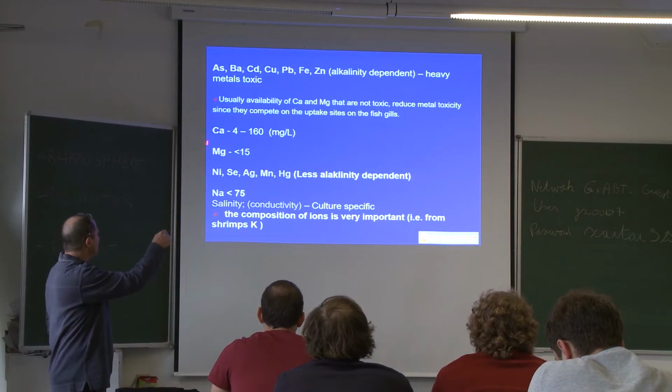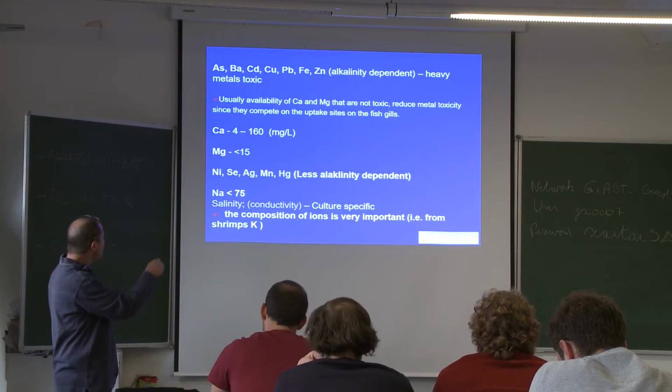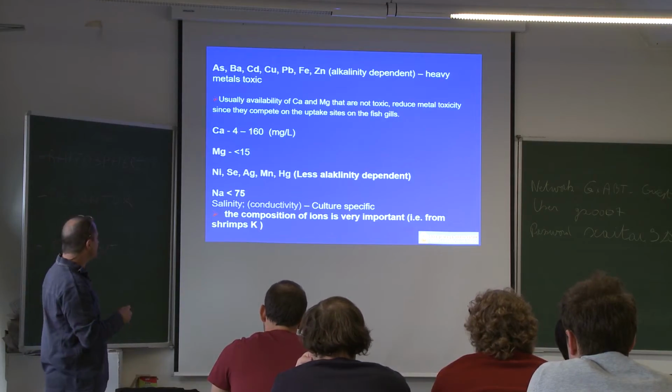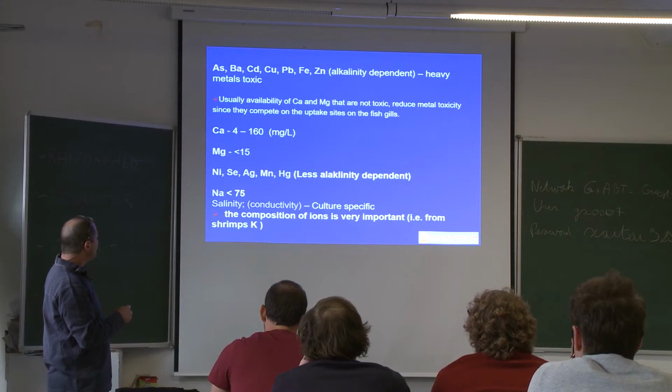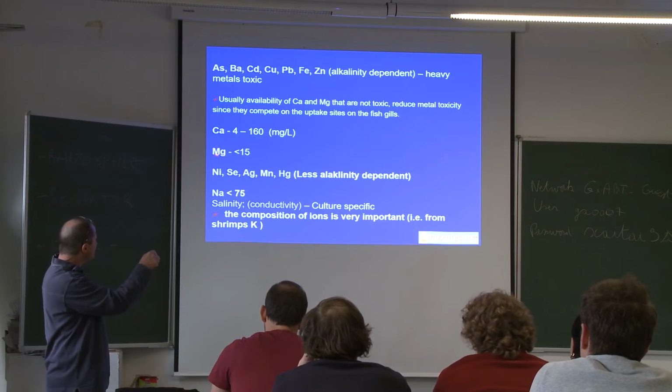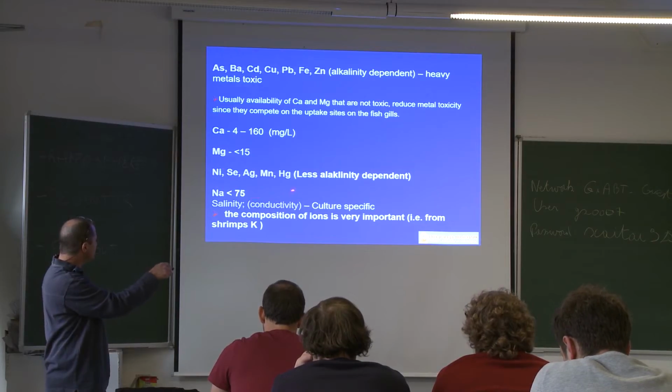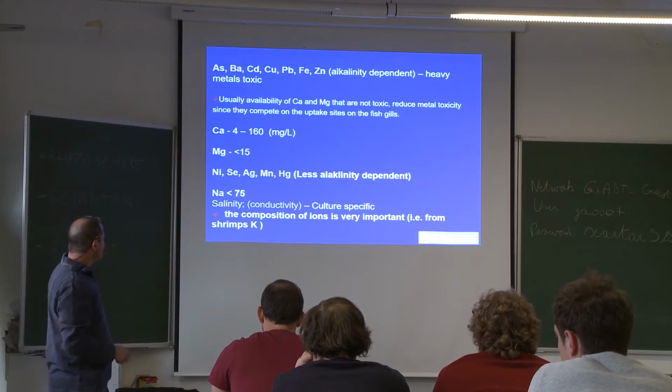Calcium concentration ranges, but really we need calcium. It's a major element. We need calcium in the water, and for the fish we need magnesium. These ions are less alkalinity dependent.